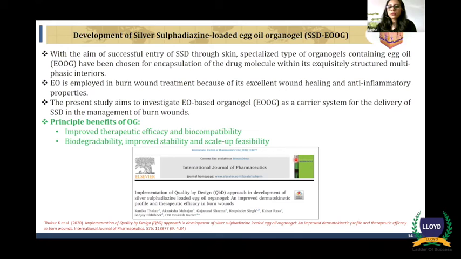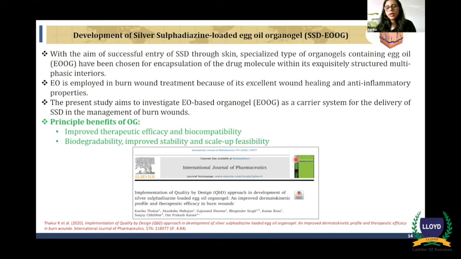However, I was quite surprised to see that the permeation of this molecule is very low, and moreover, silver sulfadiazine is usually available in cream formulations. Whenever this cream is applied on the surface of the skin, it usually leads to the formation of a kind of eschar, a layer which further inhibits the permeation of this molecule across the skin.